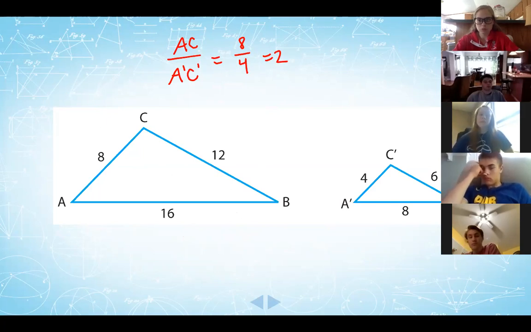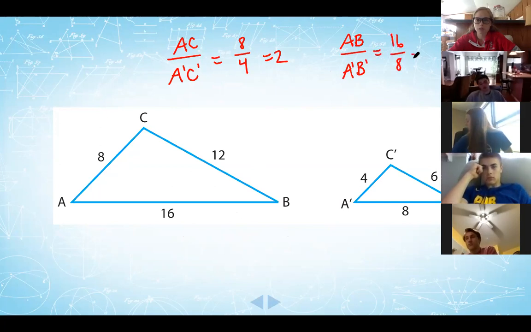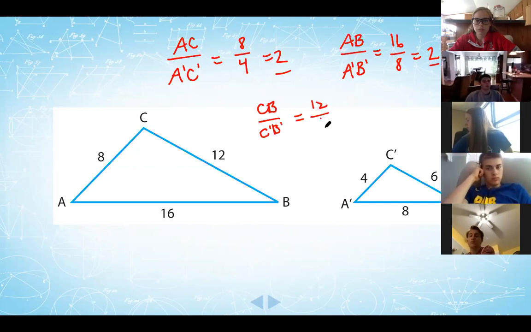Whenever I have similar triangles and I'm trying to see if they are all proportional, let's try them out. So side AB is proportionate to A prime B prime, which is 16 over 8, which reduces to 2. Okay, so far so good. All of our ratios are the same. And then side CB over C prime B prime is 12 over 6.